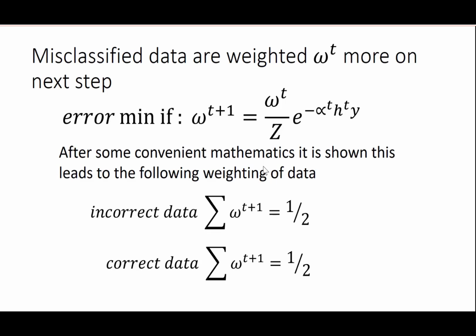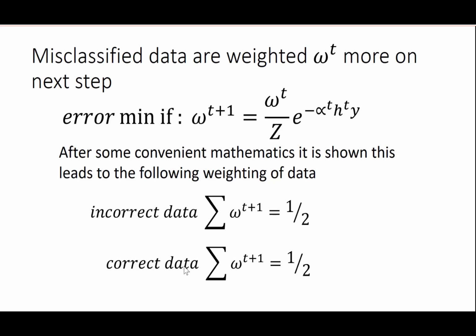So for example, once you work through the mathematics, you can show that the sum of the weights of the incorrect data should be a half, and the correct data should also sum to a half.